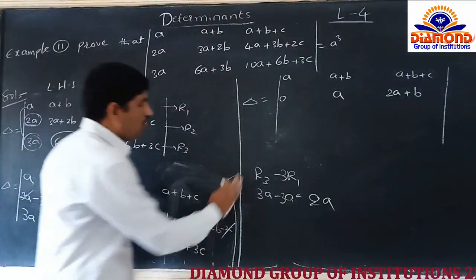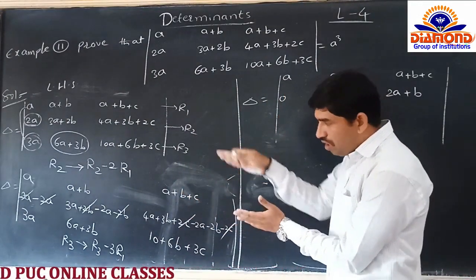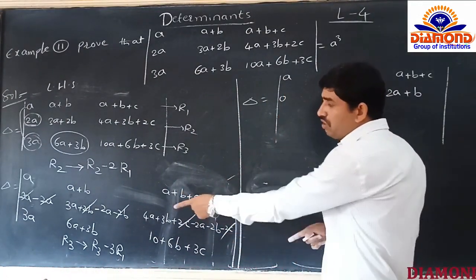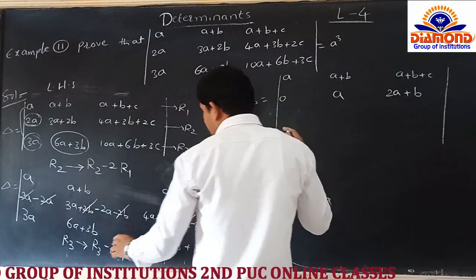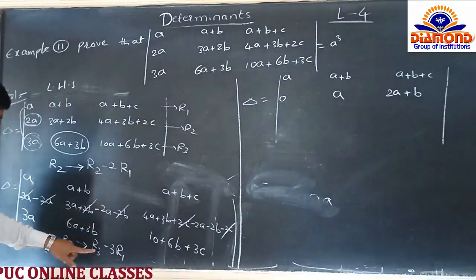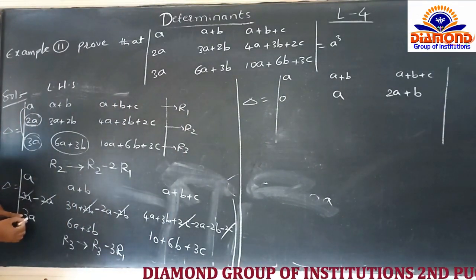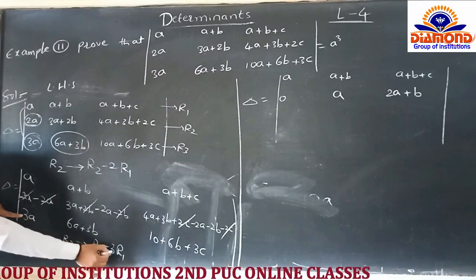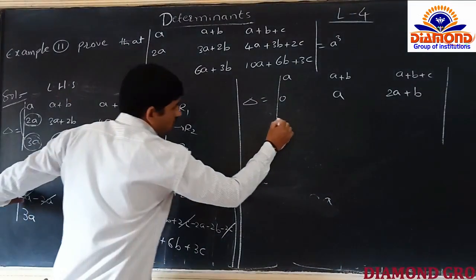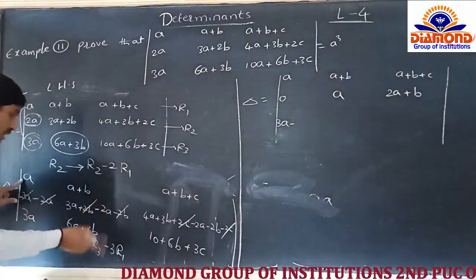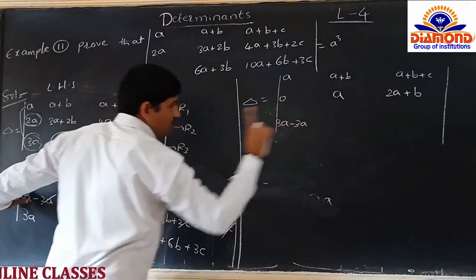So now we can apply the operation for R3. Whatever operation we applied in R2, in the similar manner we apply it for R3. R3 minus 3 into R1. See, 3a minus 3 into R1, and R1 is actually a, so 3a minus 3a, completed the first one.